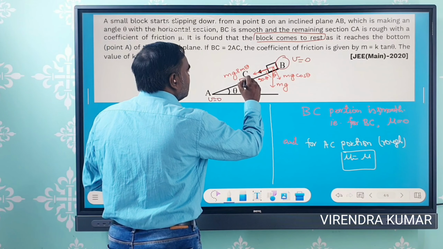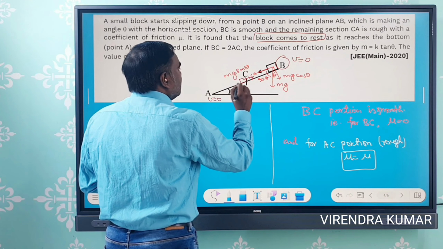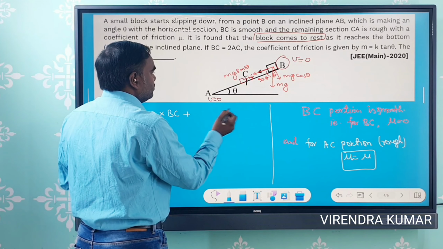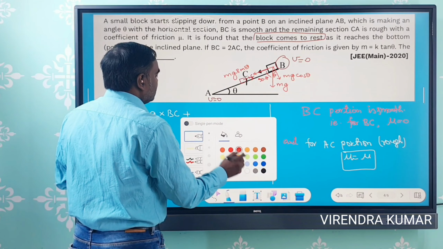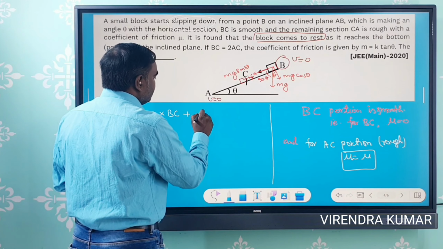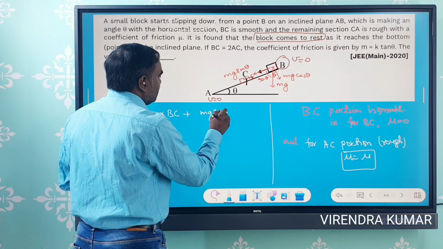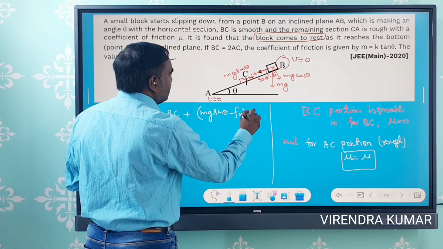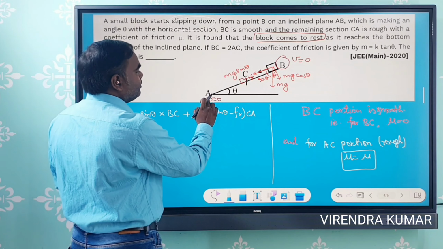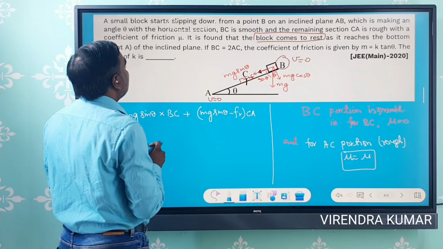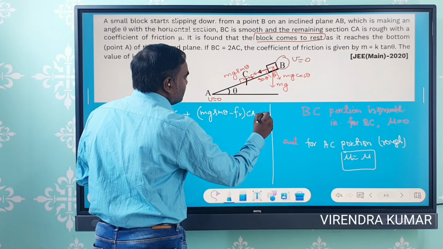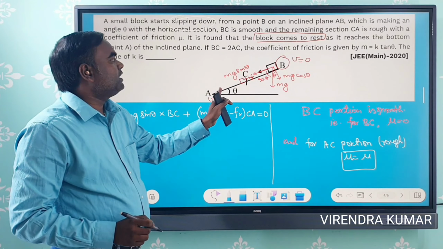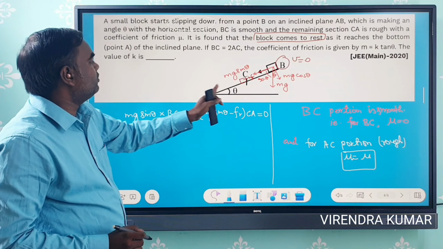So the frictional force Fr will be along this. The equation would be mg sin theta minus Fr into displacement CA. Total work done equals 0 because there is no change in kinetic energy: starting 0, final 0.